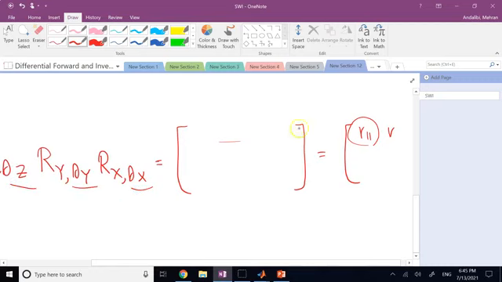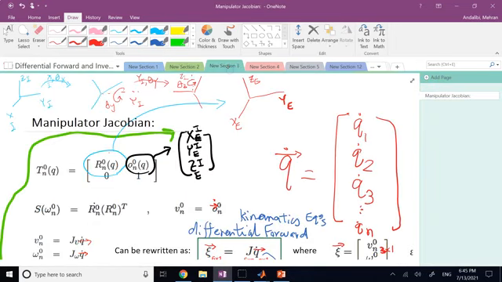Then you have to do the inverse orientation problem and find these three angles based on the entries in that matrix. And now that hopefully will give you these functions that you need.